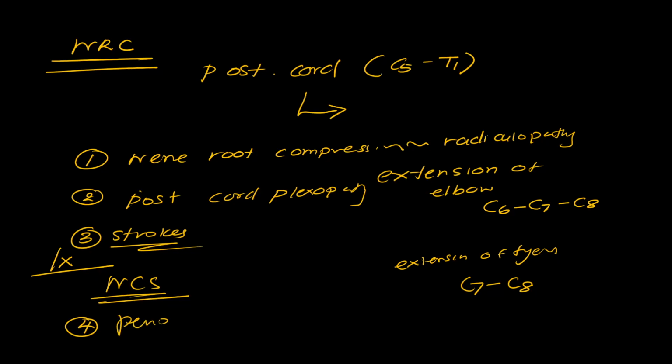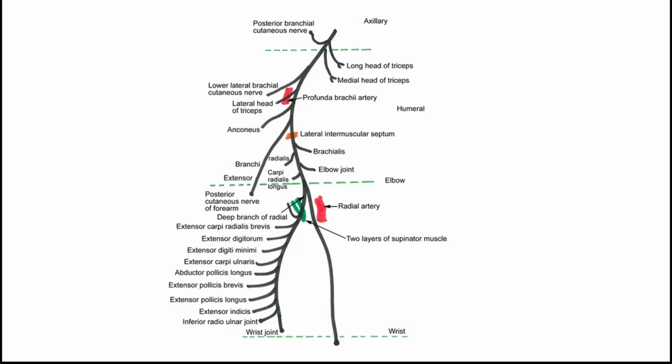Something more common is the presence of bilateral foot drops rather than wrist drops. However, there have been case studies published which have attributed peripheral neuropathies to bilateral wrist drops. So these are a few things that you would like to appreciate in circumstances where a radial nerve lesion has happened.